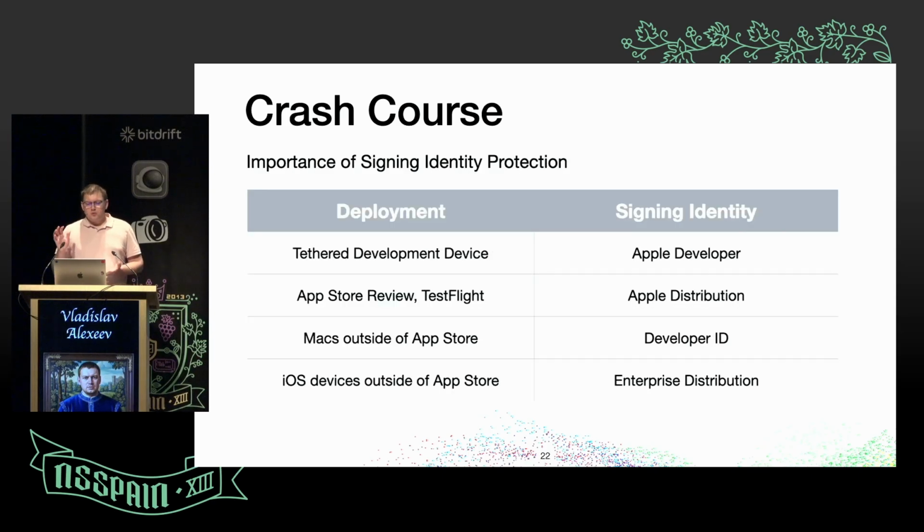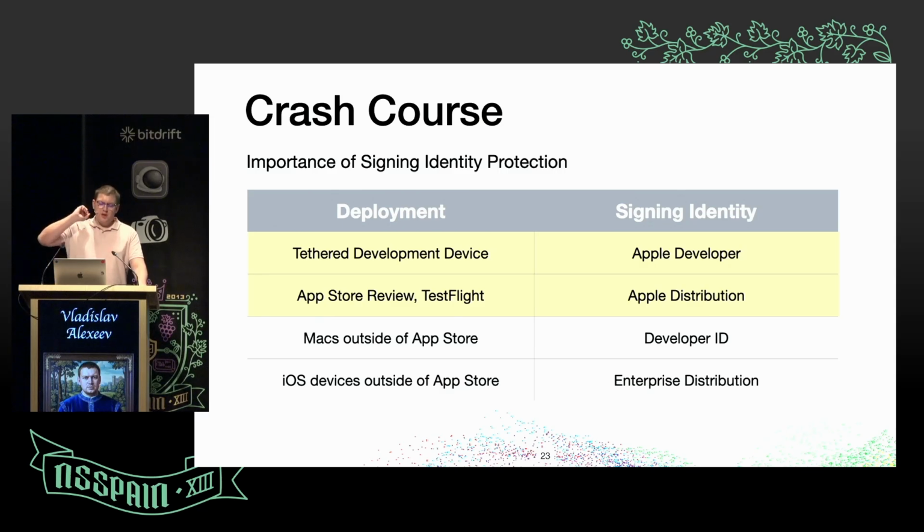It's essential to protect the signing identities, obviously, right? Because you don't want the private keys to be leaked. But what happens if any private key actually leaks? It depends, in my opinion, on what level of signing identity it represents.